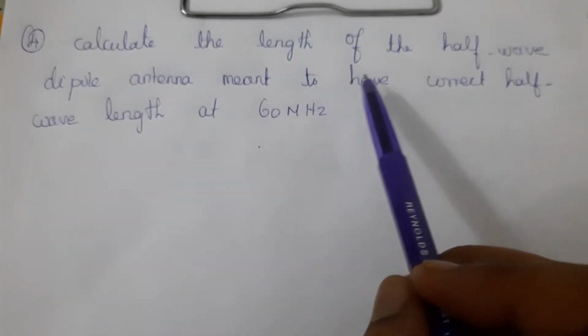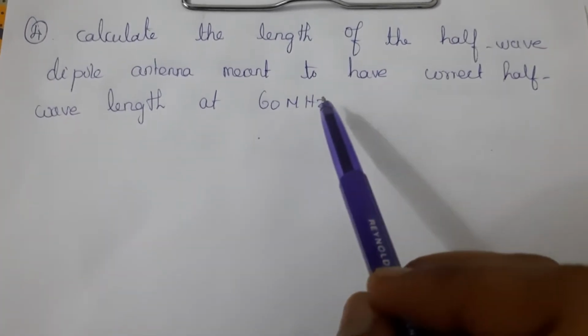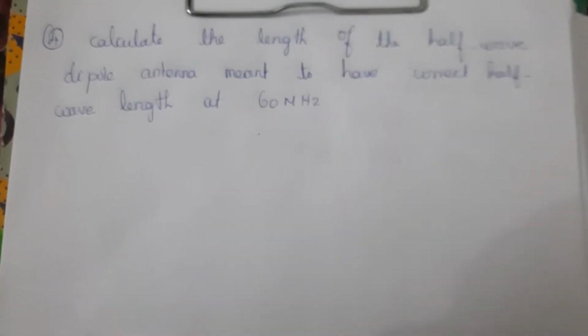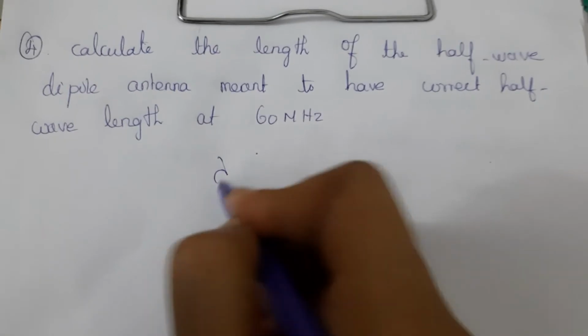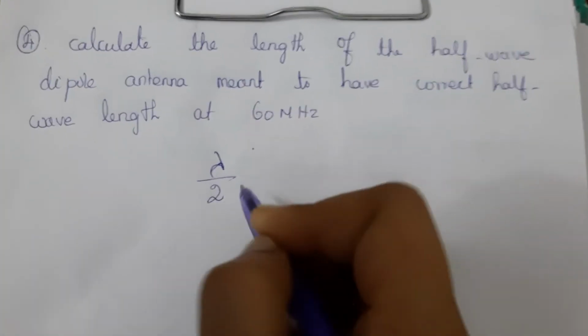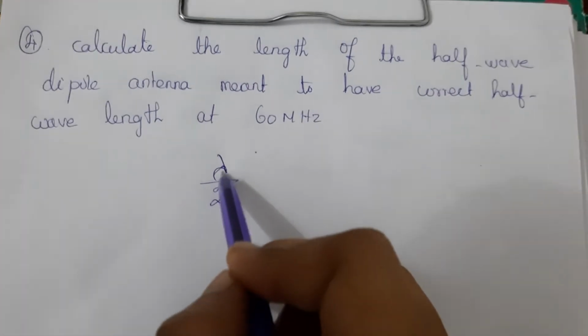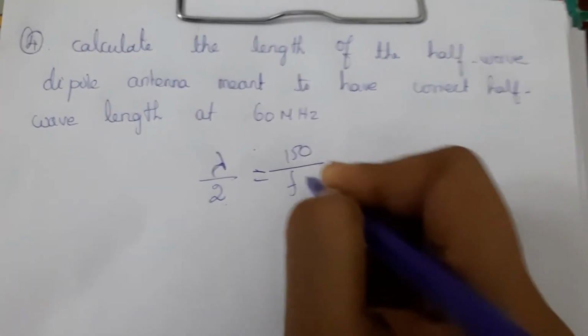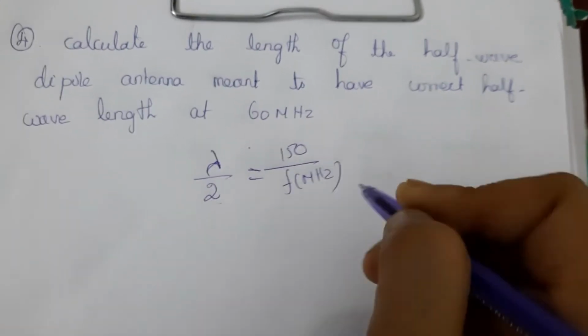Fourth question, calculate the length of the half wave dipole antenna meant to have correct half wave length at 60 megahertz. So we have to find lambda for the half wave dipole antenna. That is lambda by 2, equal to 150 divided by F in megahertz.